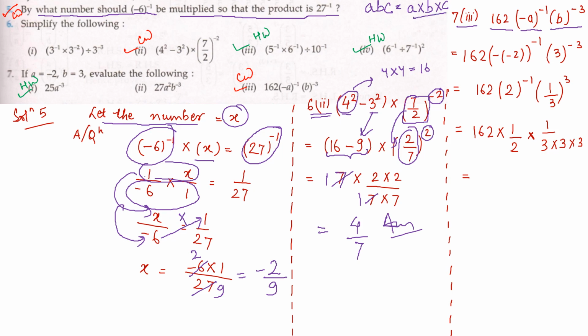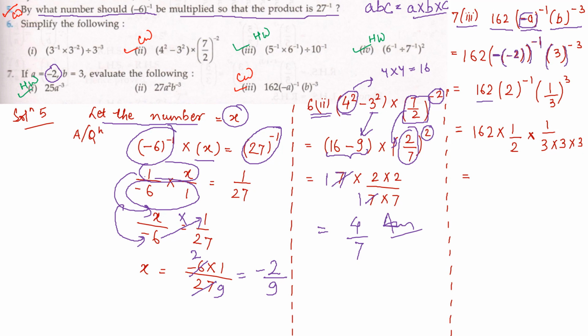Don't get confused. So it is 162 in the bracket in place of minus a. A is given as minus 2. So minus is here. In the bracket a is minus 2 whole to the power minus 1 and b is 3. So 3 to the power minus 3.